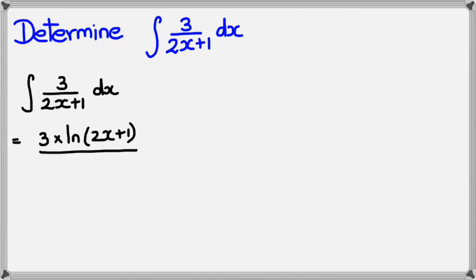Now it's divided by the differentiation of whatever's in this little bracket here, 2x plus 1. When you differentiate it, you would get 2, and so there's 2 there. And of course, don't forget your plus c. So simplifying this, you would have 3 over 2 times ln of, don't forget the absolute value, 2x plus 1 plus c.